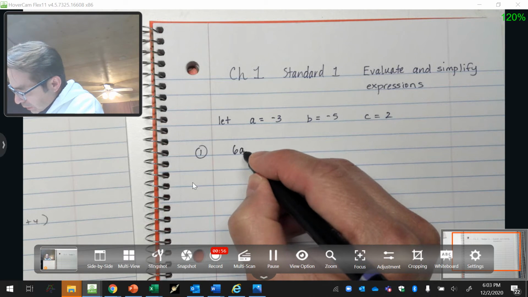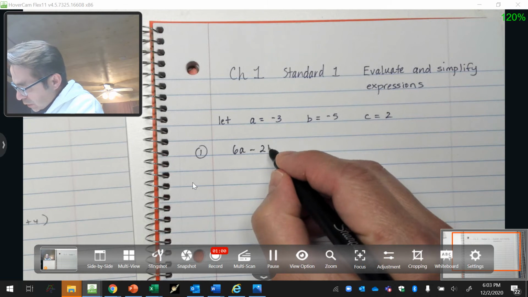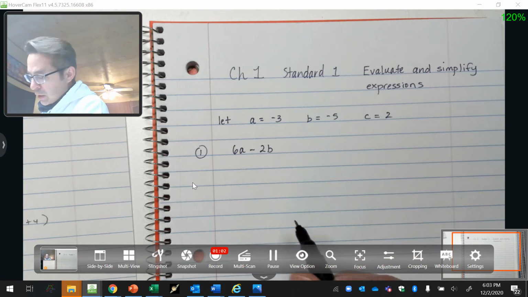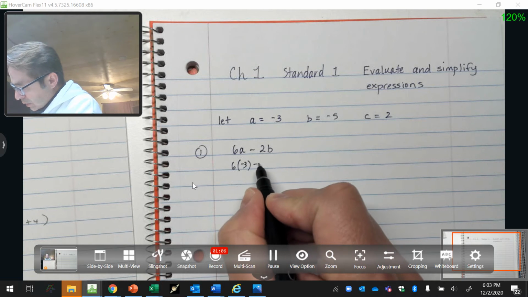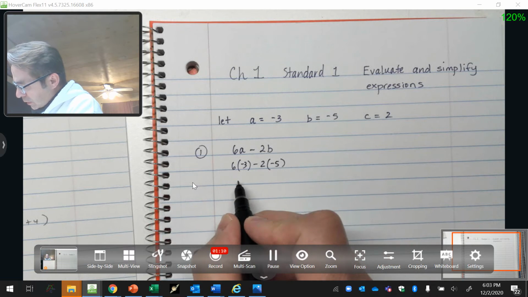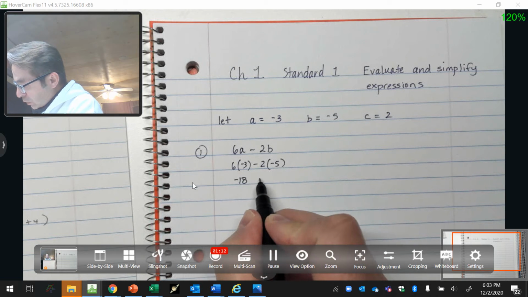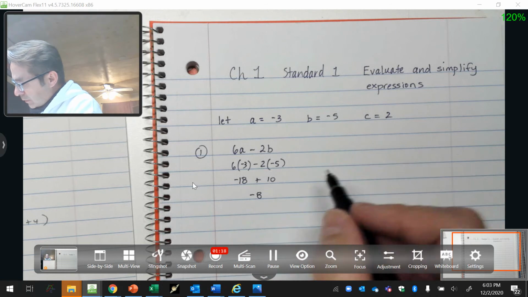6 times A minus 2 times B. Multiply first, of course. That times that is positive 10. And then add.